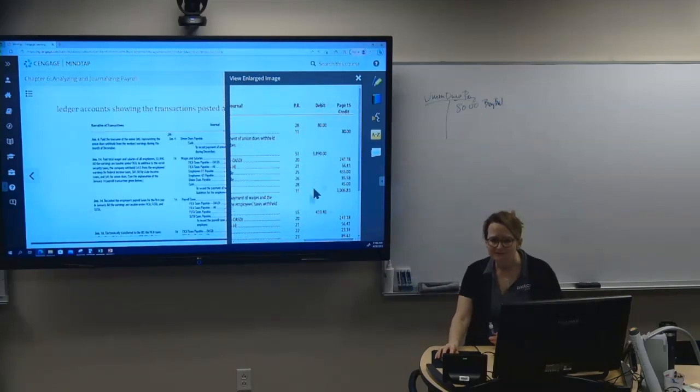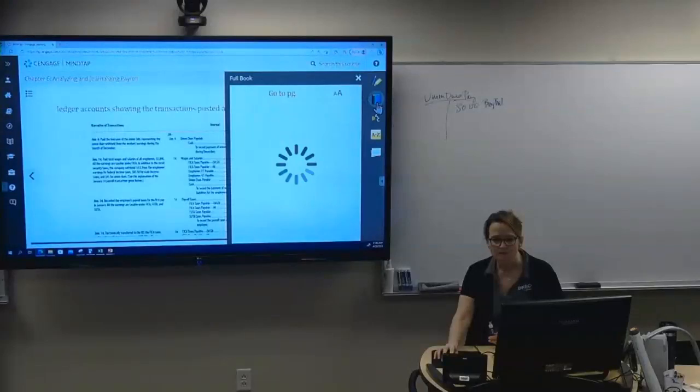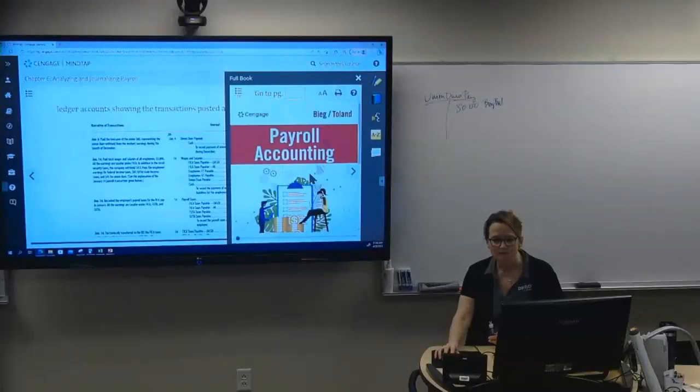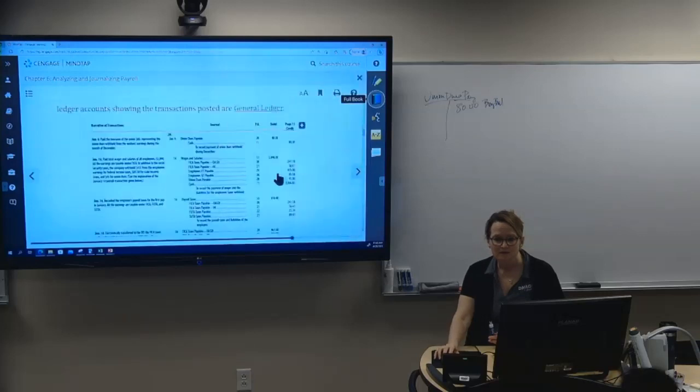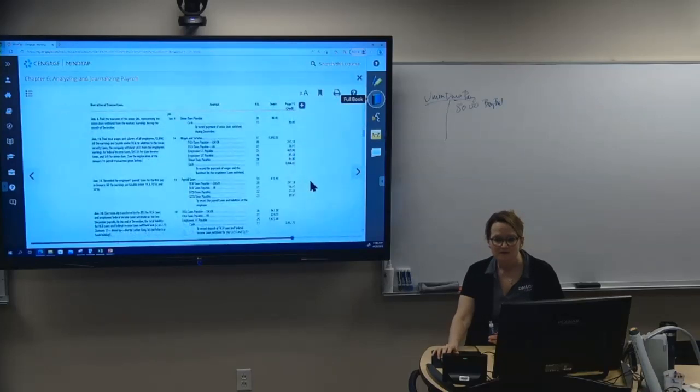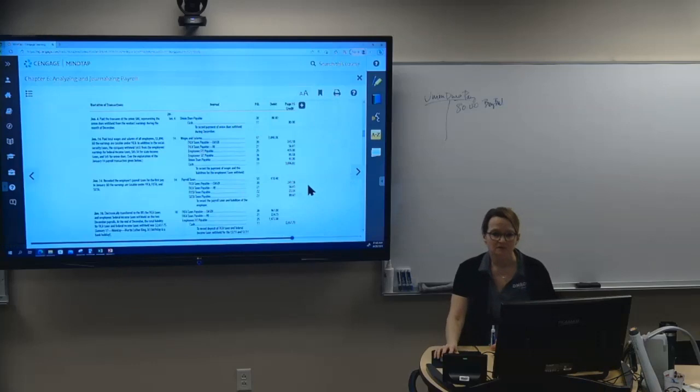Does anybody know, is there a way to expand this? What is that? You hit the book and then you try to look for it. No, that's not what I want. Oof. Okay, tell you what we can do here.